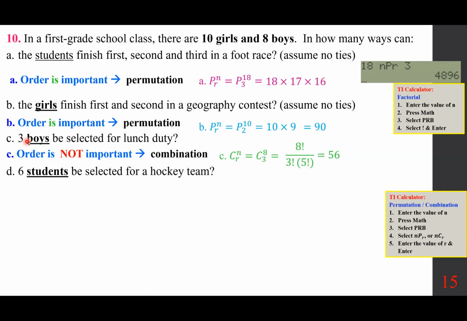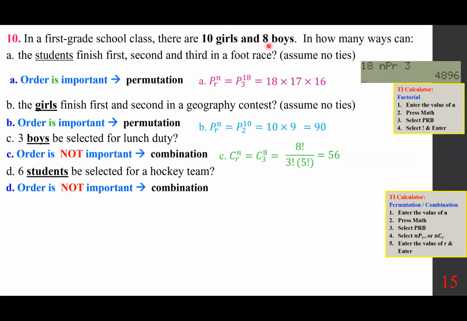Now we want 6 students for a team, a hockey team. So we have a total of 18. Order is not important. So that makes it a combination.